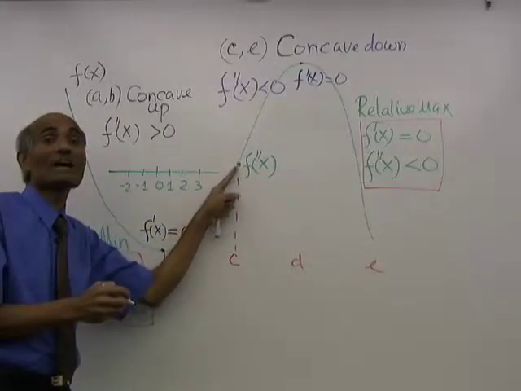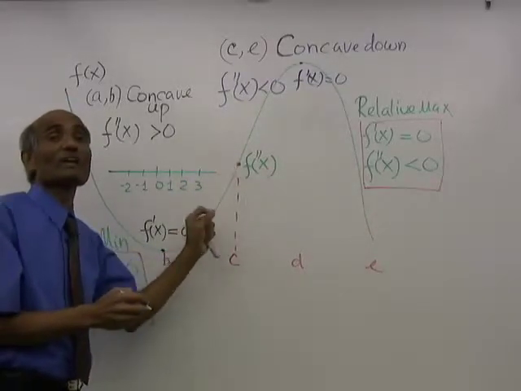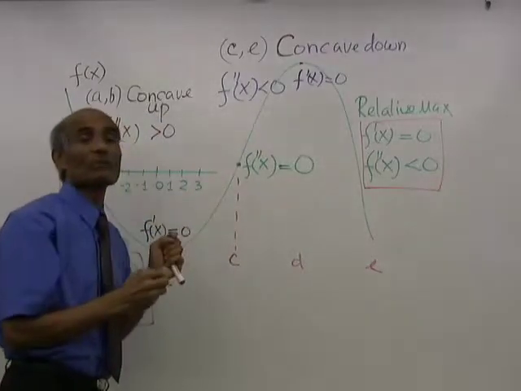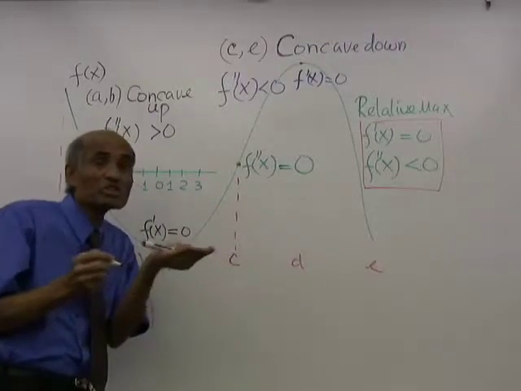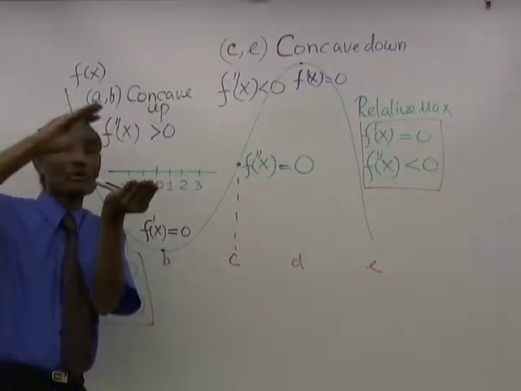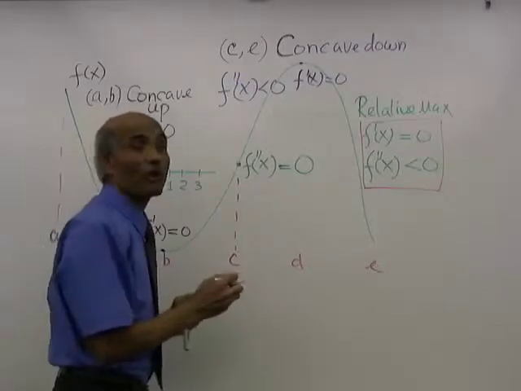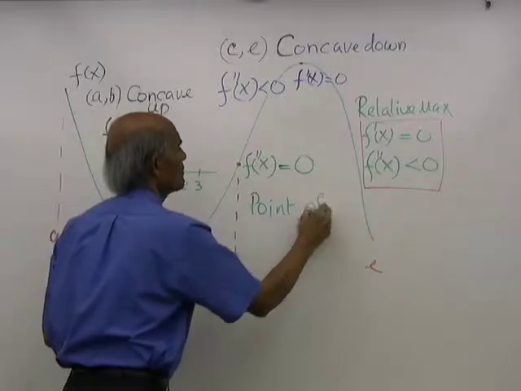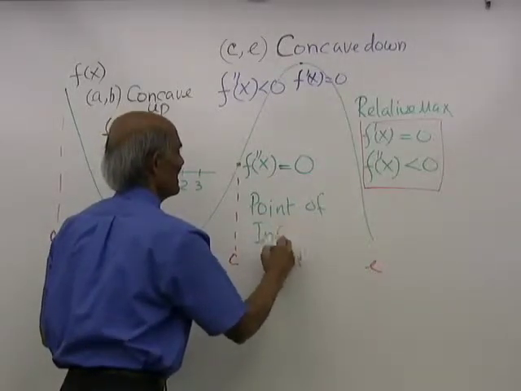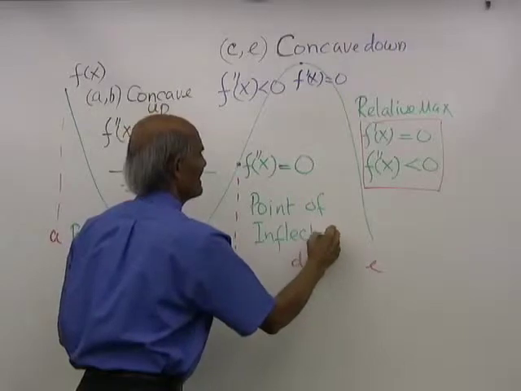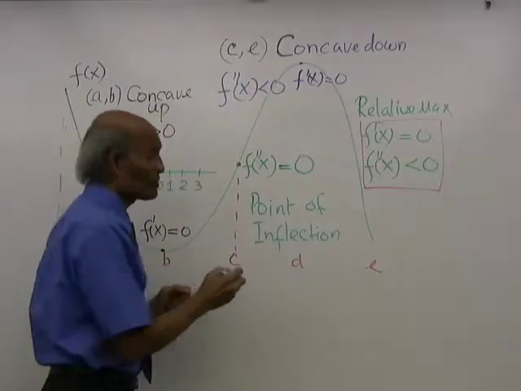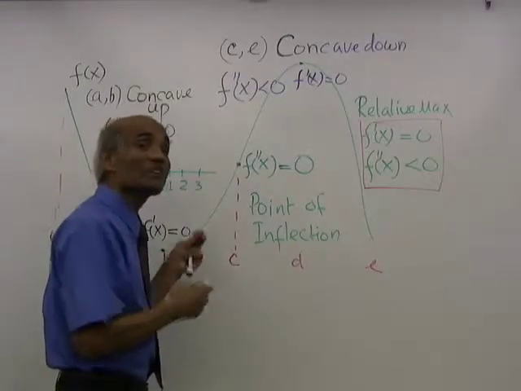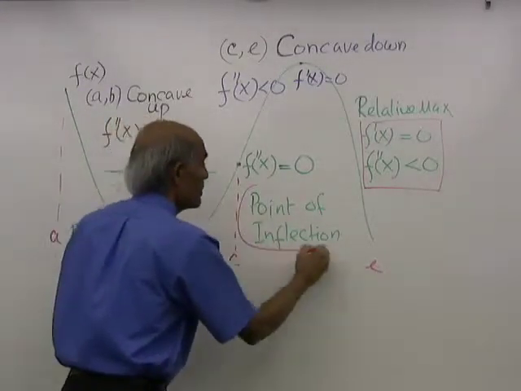The only way that can happen is to go through 0. That means at x equal to c, the second derivative is 0. That is where the concavity changes from concave up to concave down. And such a point is called a point of inflection. So a point of inflection is the point where the second derivative is 0. There you go.